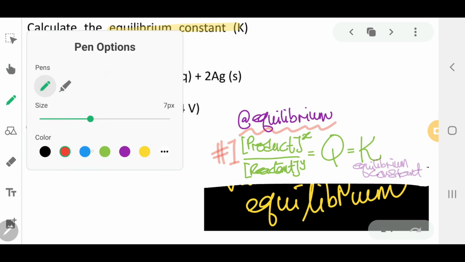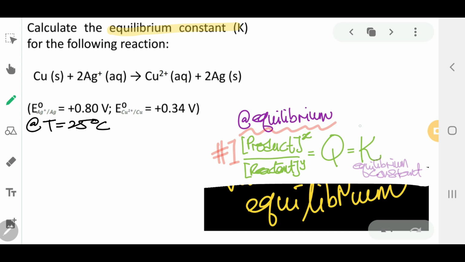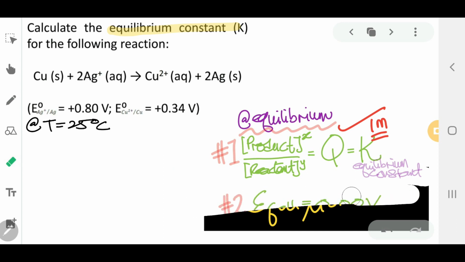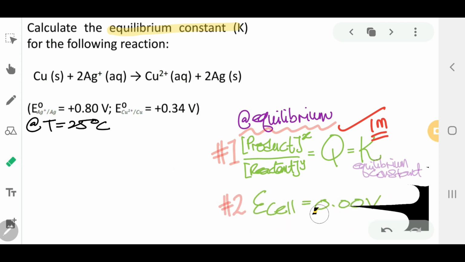By writing this particular information in exams, you will get 1 mark. The second value you need to know at equilibrium is the cell potential. At equilibrium, the cell potential will be equal to 0.00 volts. For that, you will also be given 1 mark when you write these 2 pieces of information.